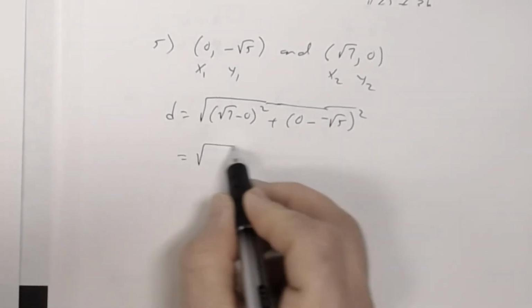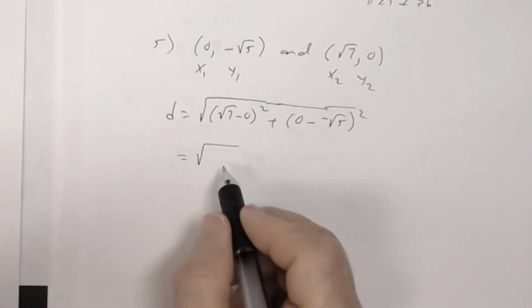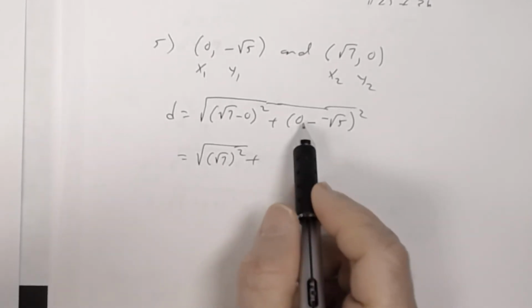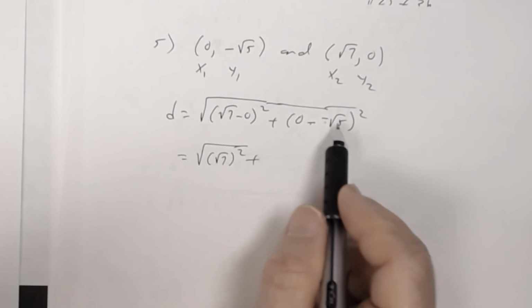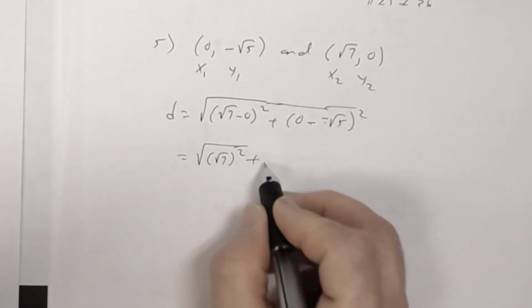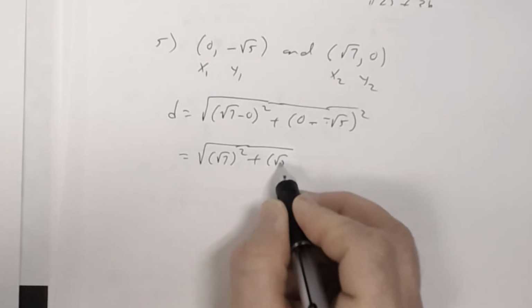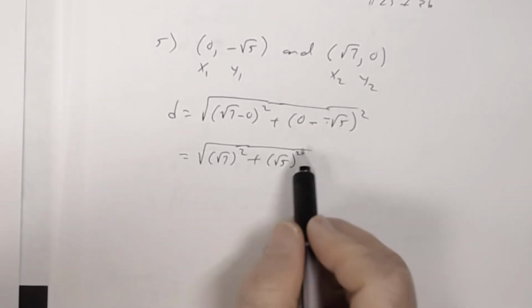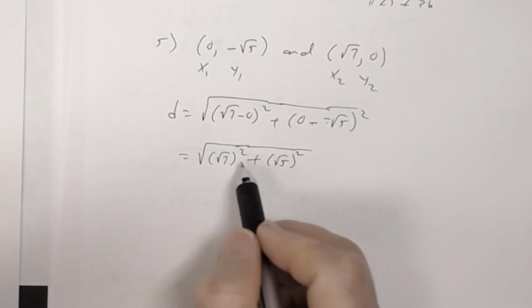Okay, equal. All right, square root of 7 minus 0 is just square root of 7. So the square root of 7, but I got to square that, plus. Now, do y'all agree that 0 subtract a negative square root of 5 is a positive square root of 5? 0 plus square root of 5? So that's just square root of 5 squared. Okay? Don't forget the square root symbol. All right, and you're adding these two.